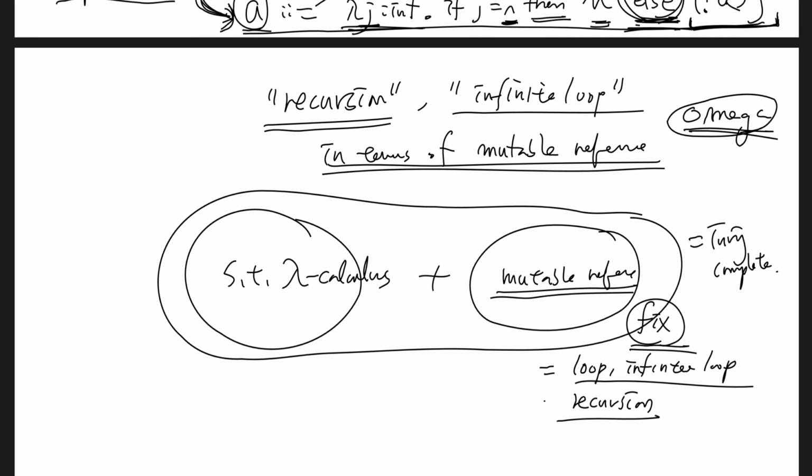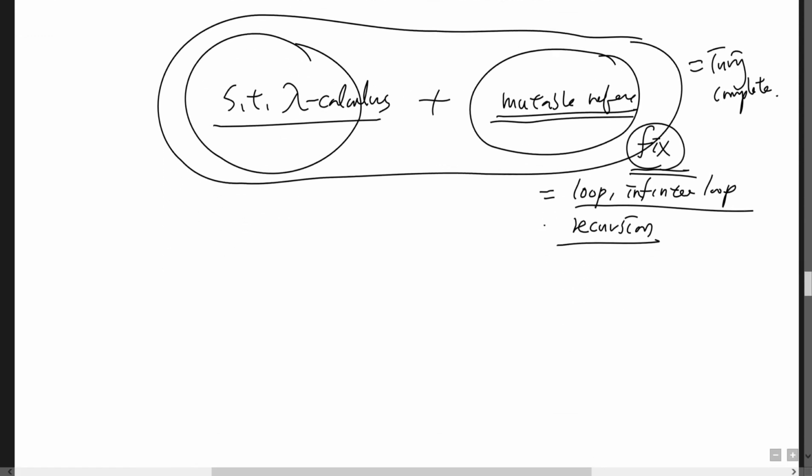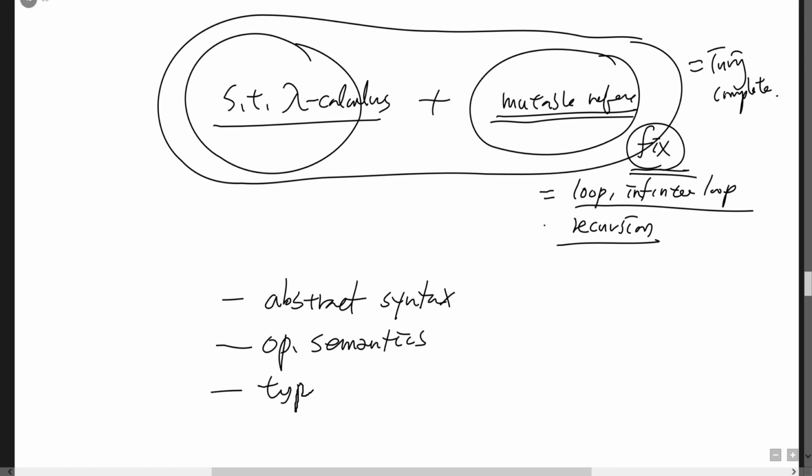So this is the introduction to mutable references. Now let's extend the language, simply typed lambda calculus, with the mutable references. There are three components to visit: first abstract syntax, and then operational semantics, and then type system.